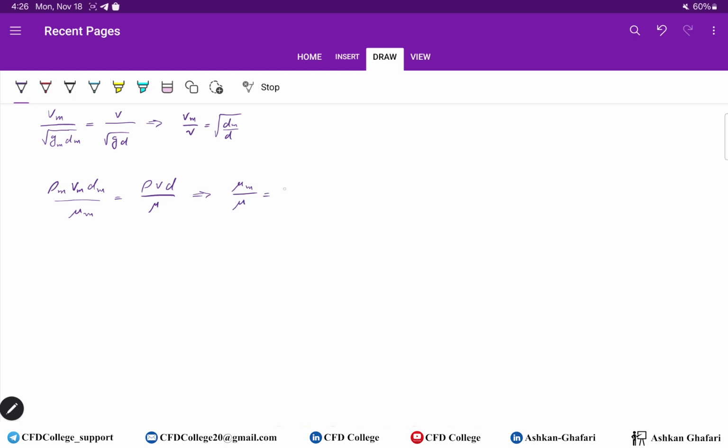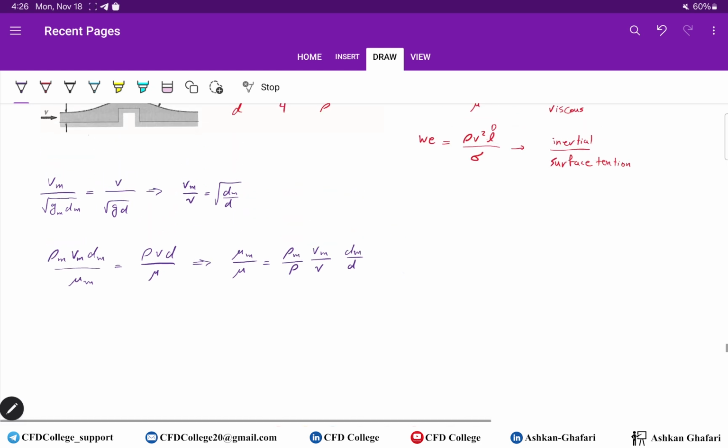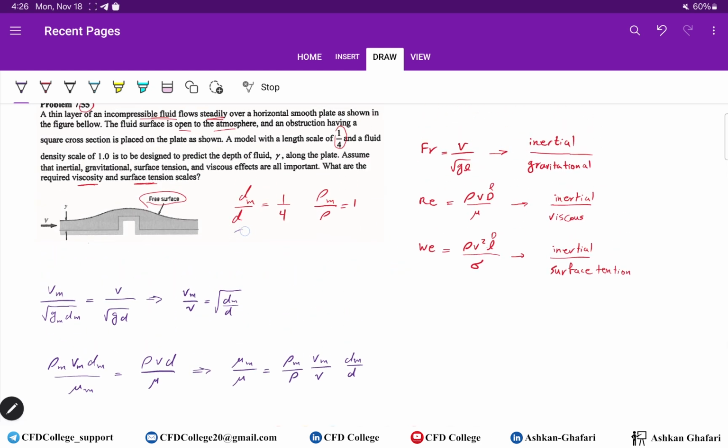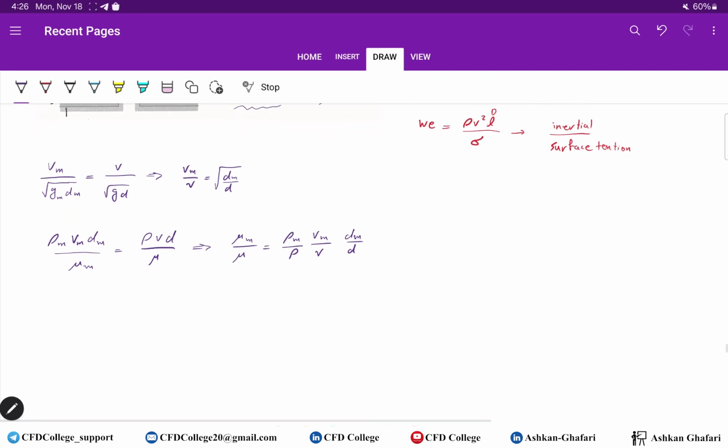Mu m over mu equals rho m over rho times Vm over V times Dm over D. Now, since we have the scaling for the length and density, but we don't know anything about the ratio of velocities, we should use this star equation.